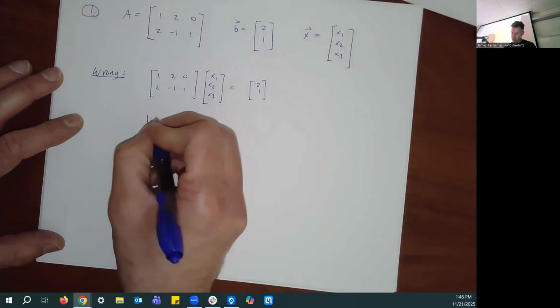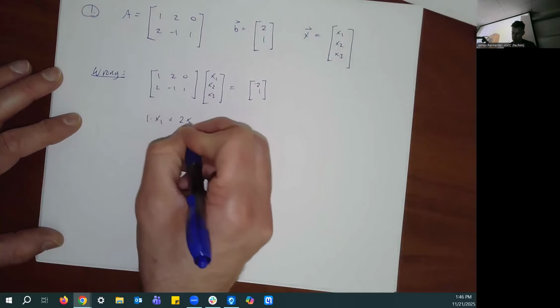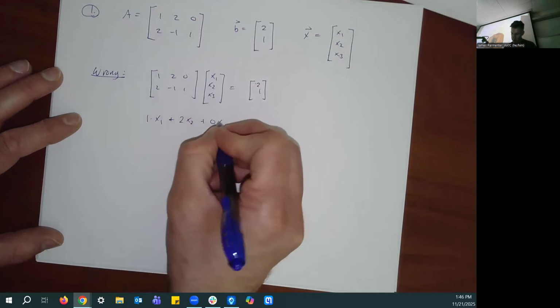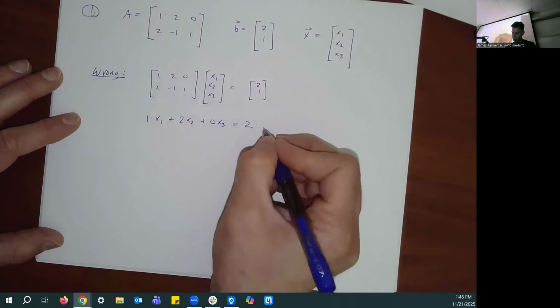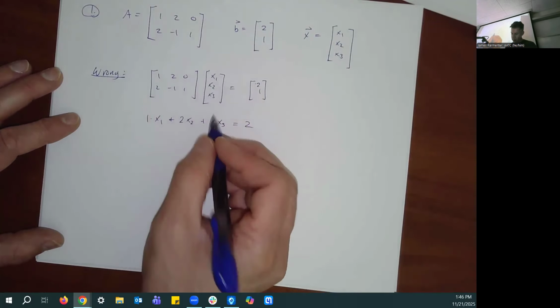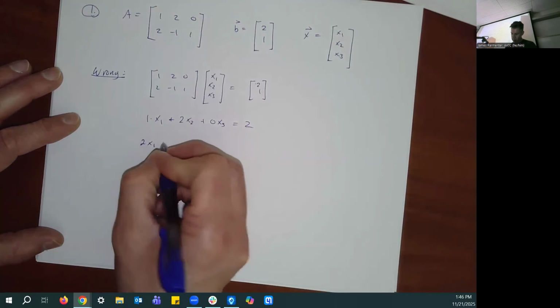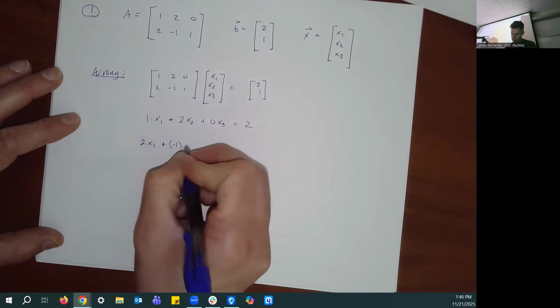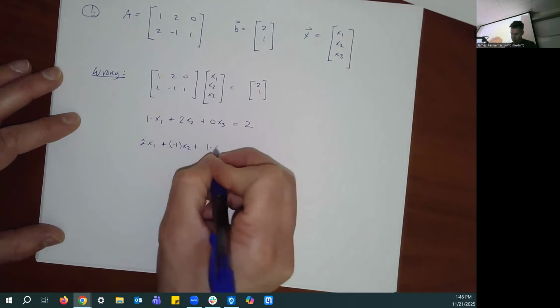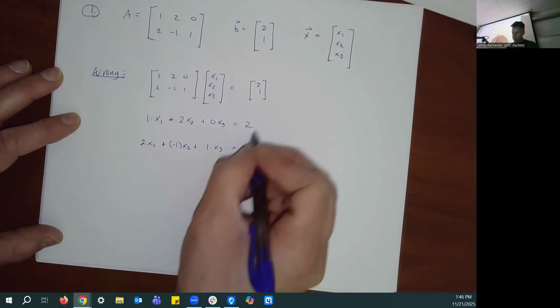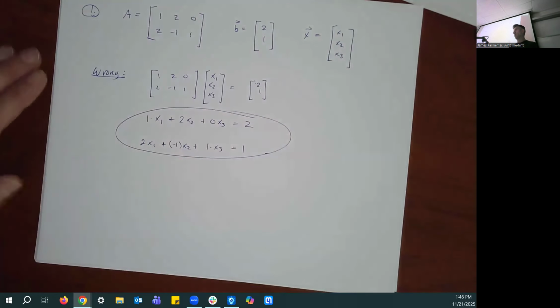So that's 1 times x1 plus 2 times x2 plus 0 times x3 equal to 2. And the second row is going to be 2 times x1 plus negative 1 times x2 plus 1 times x3 equals 1. And that is actually the answer they're looking for, because the question said to write the matrix as a system of linear equations, and that is what this is.